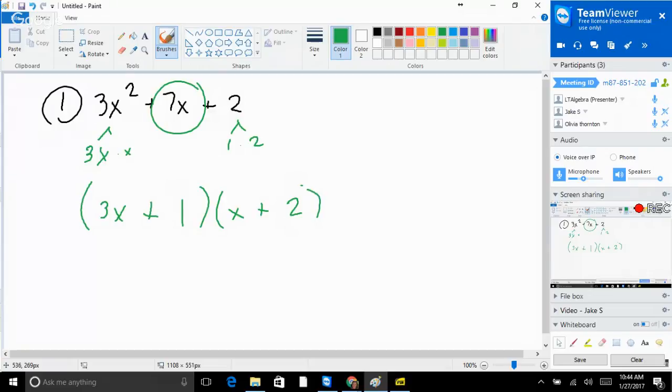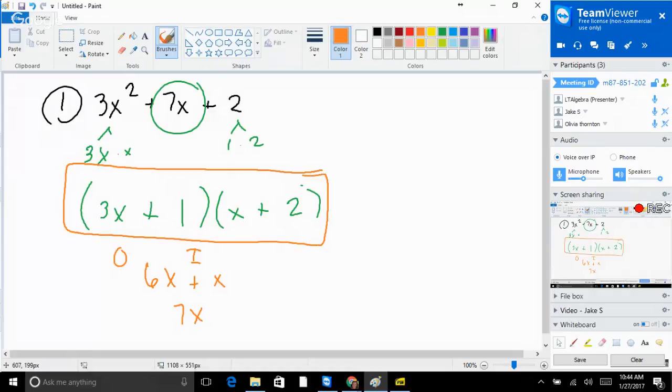So I'm going to check it out, see if I did it correctly. So FOIL first, we've got that taken care of. My outside is 3x times 2, which is 6x. My inside is going to be 1 times x, which is x, and that's going to give me 7x. So this is how this will work for factoring.